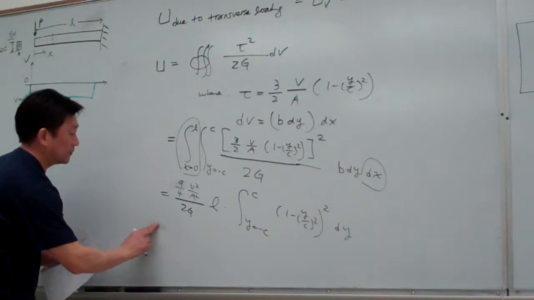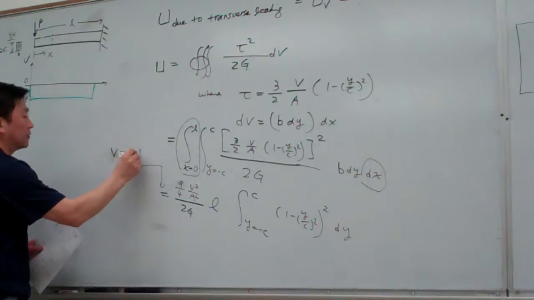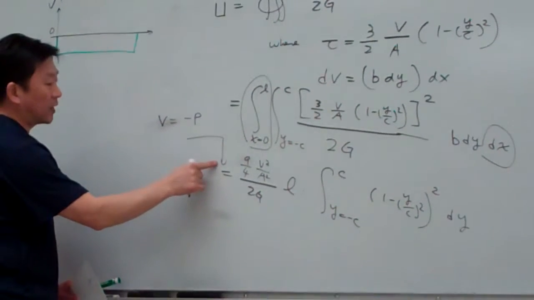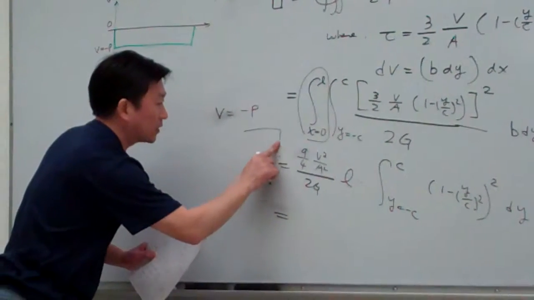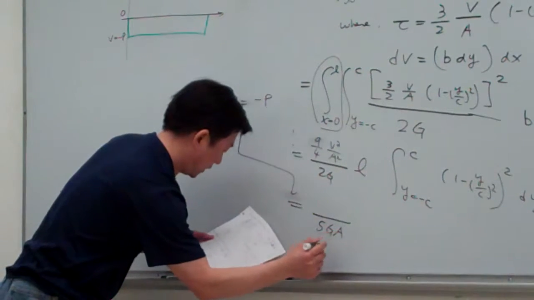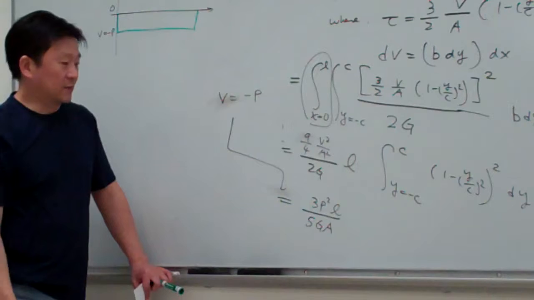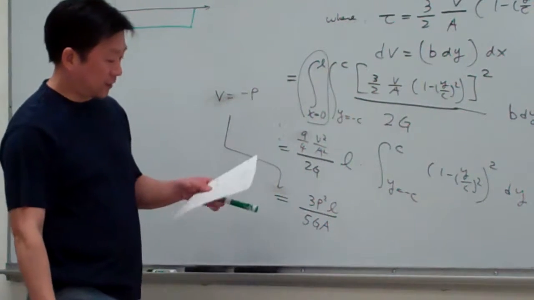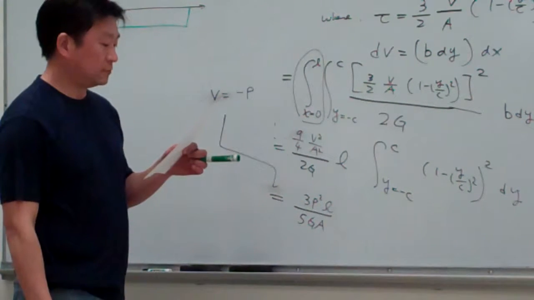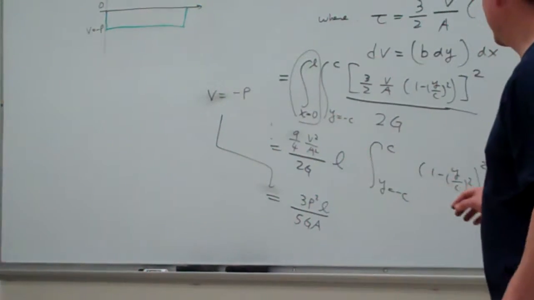Here again, V equals constant, the magnitude. We plug into here, and everything becomes 5GA, 3P squared L. Where did the B for dy dx go?